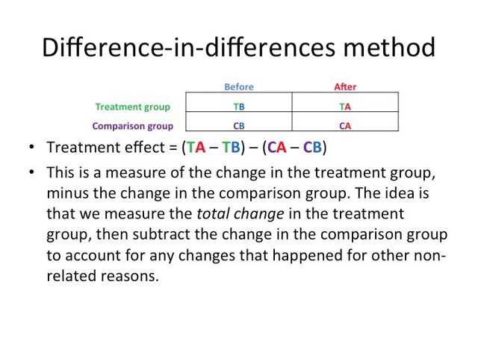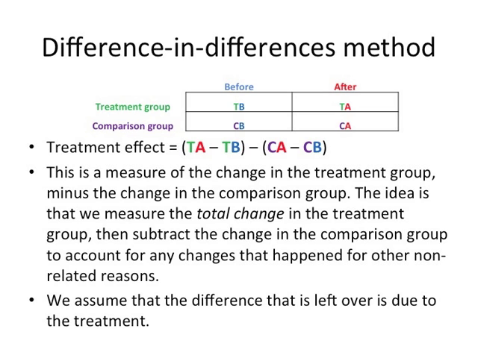This means that we take the total change in the treatment group, which includes both changes due to the program and other unrelated changes, and we subtract the changes in the comparison group. If we do that, then what we're left with is the effects of the program itself.